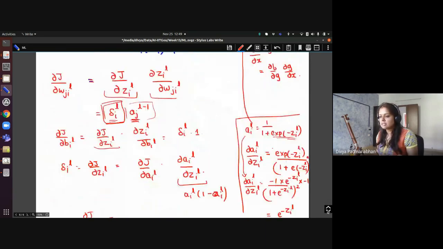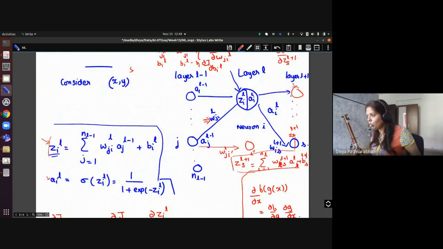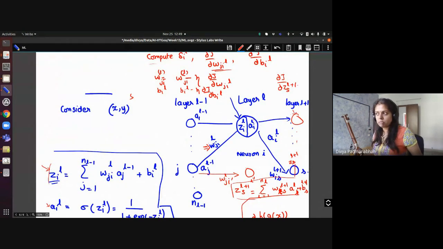So you would do dou J by dou z_s^(l+1) times dou z_s^(l+1) by dou a_i^l, and you sum this up over all the s's. That is again the chain rule.